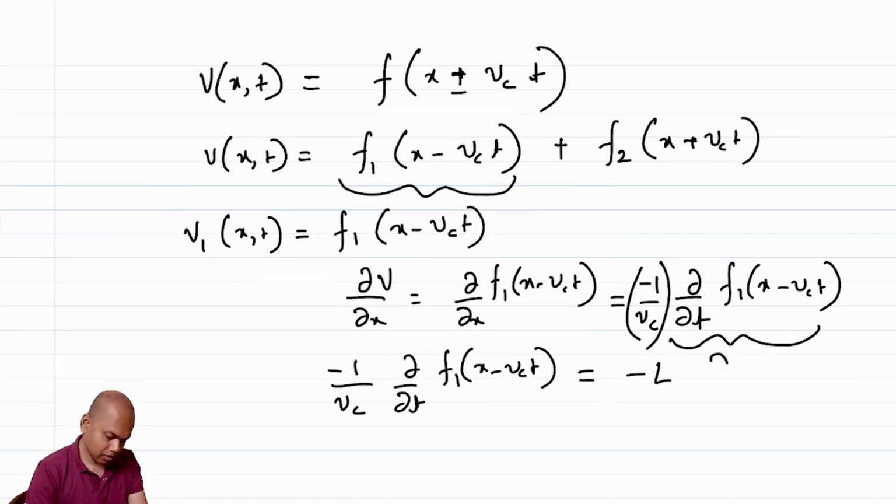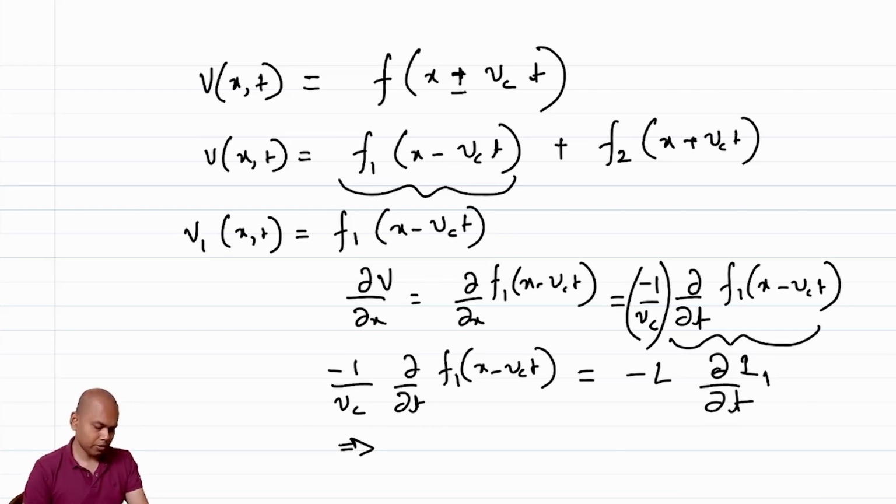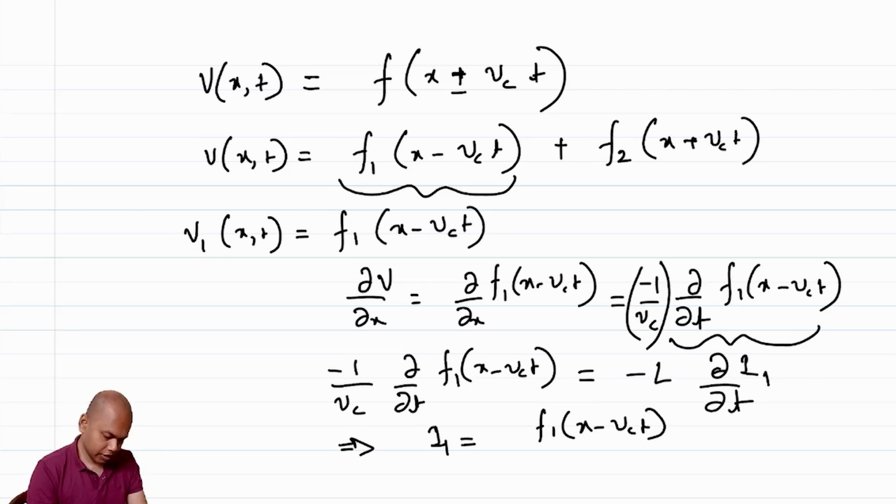So what is I? Let me call this I1 because it is associated with v1. So your I1 is nothing but f1 of x minus v_c t over L times v_c. Okay.